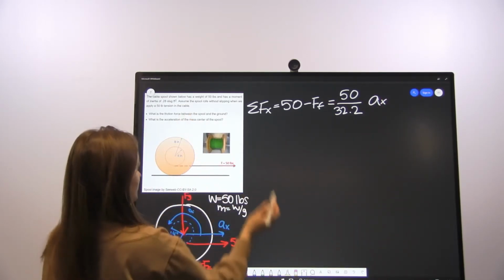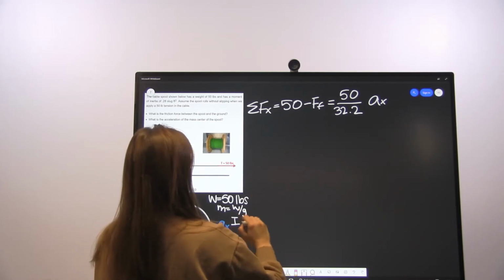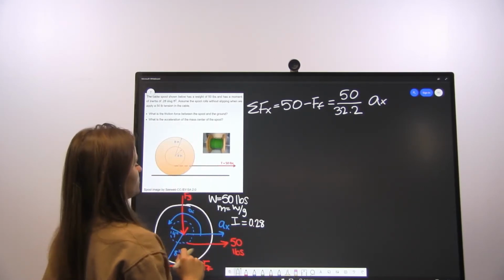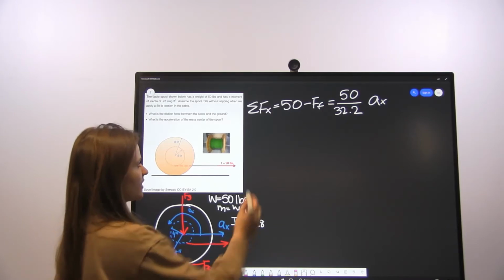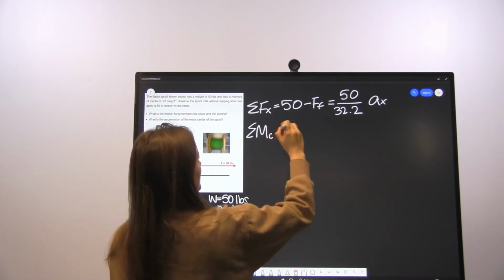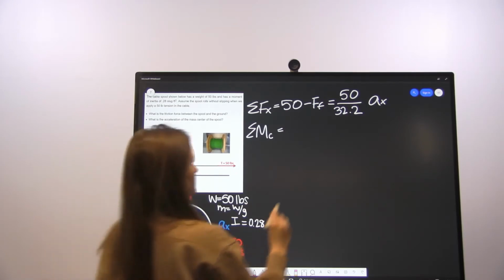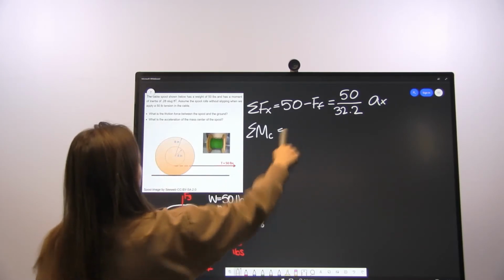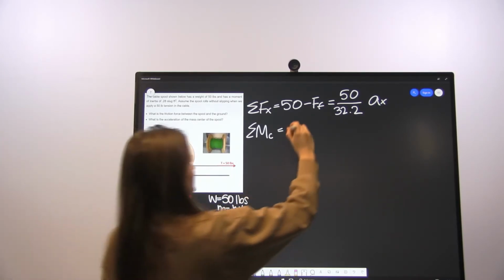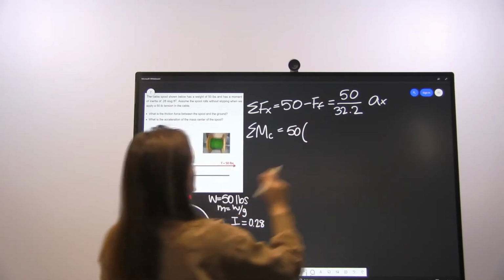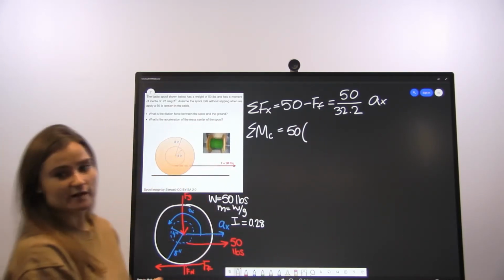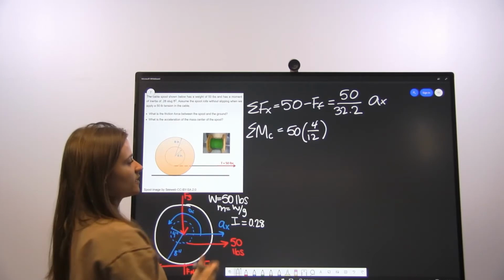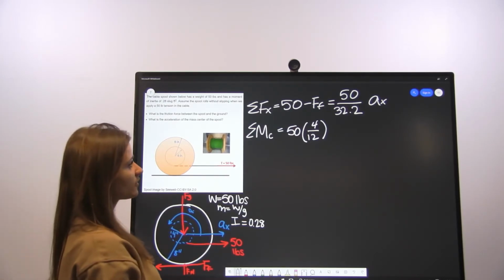It's also important to note we're given our I value, which is 0.28 slug times feet squared. So we're also going to take our sum of the moments at the center of the spool. We have the moment due to the tension force, which is 50 pounds, because that's the force, times the radius, and it's only acting on this smaller radius. So that's 4 over 12, our conversion of inches to feet, so 4/12 of a foot.